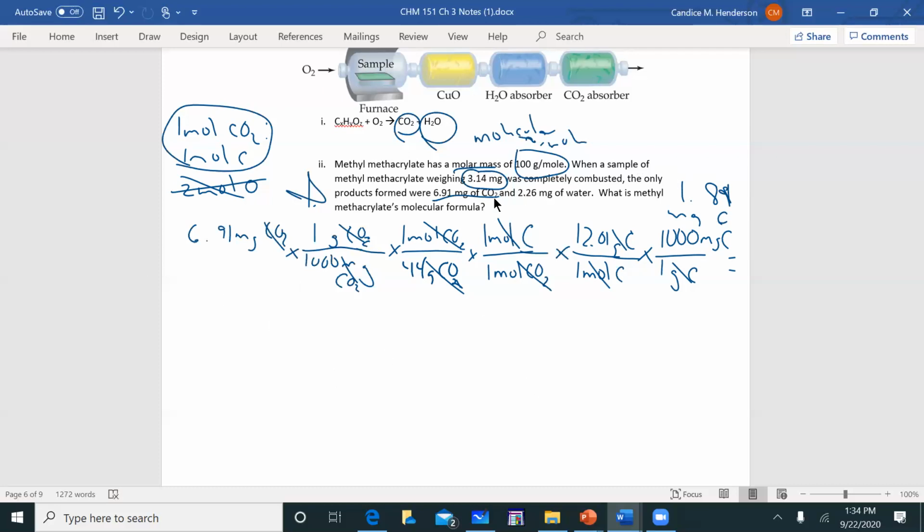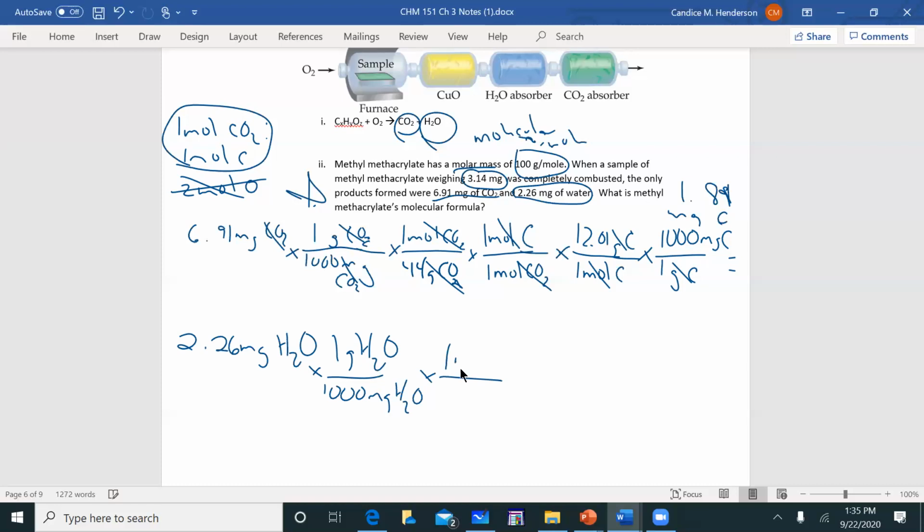We have to do the exact same thing, but with water, and water tells us something about hydrogen. So I have 2.26 milligrams of H2O. For every 1 gram of H2O, I get 1,000 milligrams of H2O. I want to convert from grams of H2O into moles. So 1 mole of H2O weighs roughly 18 grams. Now this is the important step here, because if you had missed this step, it would have been okay for carbon because it's a 1-to-1 ratio.